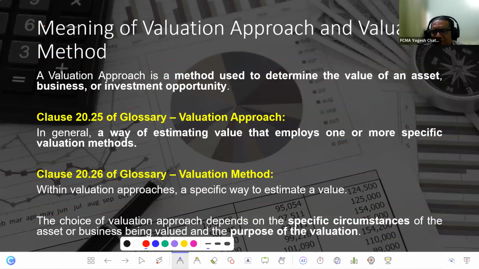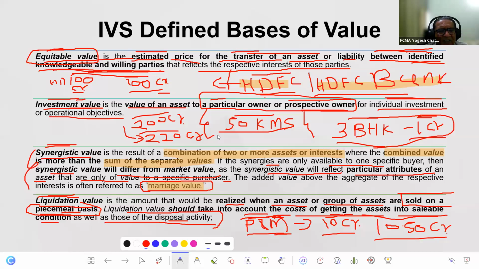So in India, we have the Income Tax Department. In USA, they call it the Internal Revenue Service. So they have also provided the meaning of fair market value, and that is recognized for the purpose of taxation in USA and many other countries. So there are other bases of value apart from these six bases of value which we discussed just now.